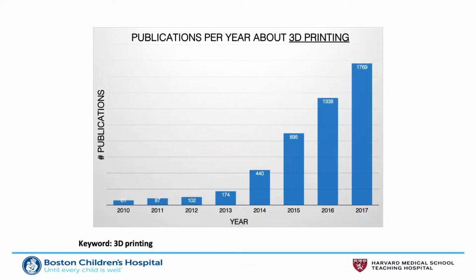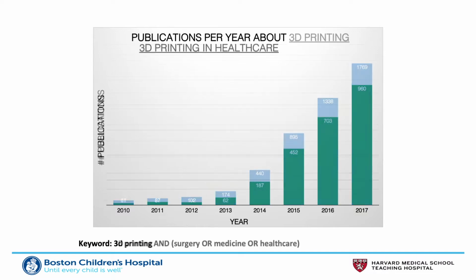So the last decades brought about an explosion of interest in 3D printing in general. If you look in PubMed in the last decade, in 2010, we started with only 61 publications that involved 3D printing, and that grew exponentially over the next 8 years. And in 2017, there were 1,700 publications about 3D printing. And that trend has happened in healthcare as well, so it's borne out really in every aspect of what we do.